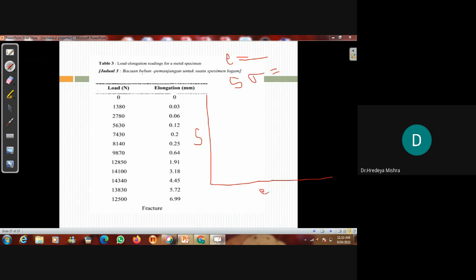So here is E. This is the initial point, and here you can see the load capacity is there. What happened? Around 1000 load increases, more than 1000 load increases. So we just put like this.